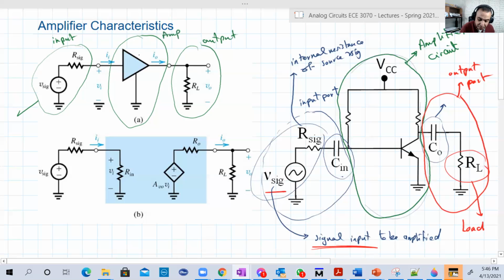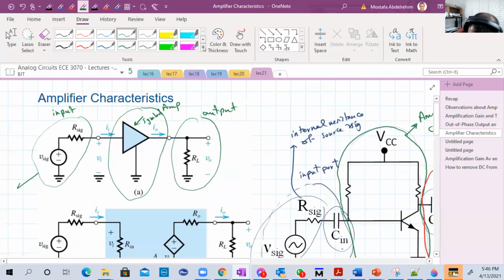And this is basically a symbol for the amplifier. Okay, good. Let's go back to our normal color.